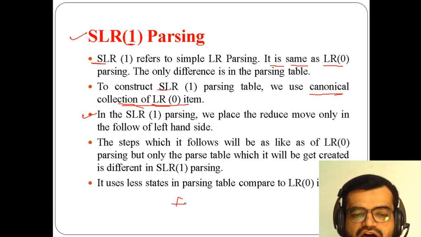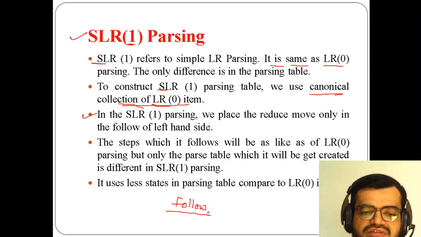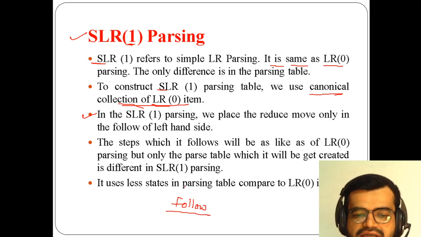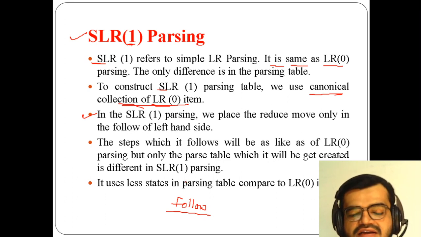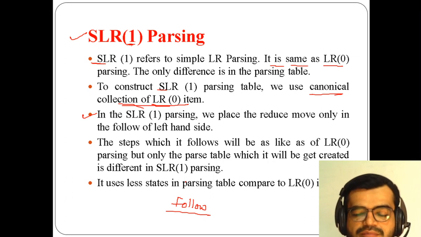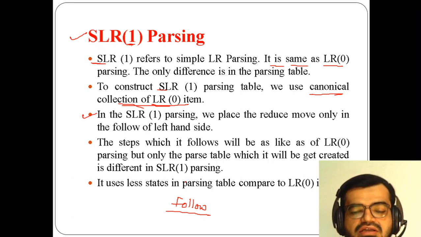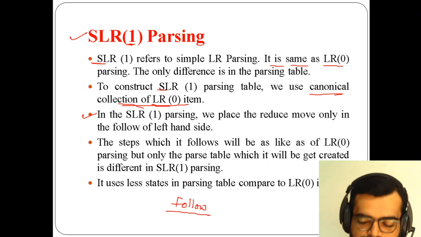With the help of follow sets. That is very important here. Follow sets means it performs follow operations while performing the reduce action. Because of that, not all states perform the reduce action, only some of them do. So the conflicts get reduced.